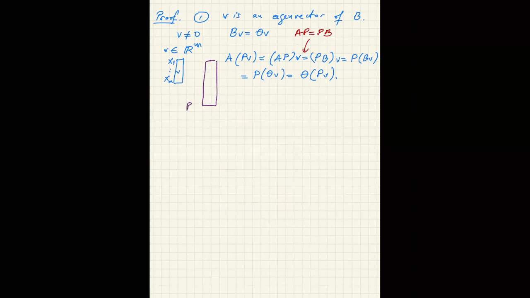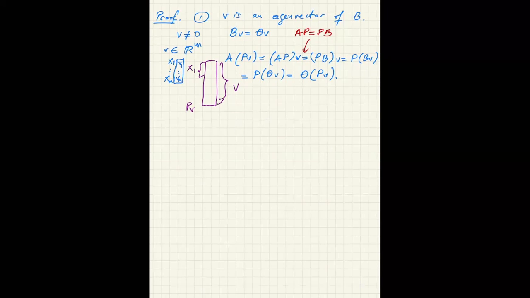Let's say the smaller vector V has entries V1, up to Vm. The bigger vector PV has dimension n, and its entries are indexed by the vertices. Let's say X1 is in the first positions.